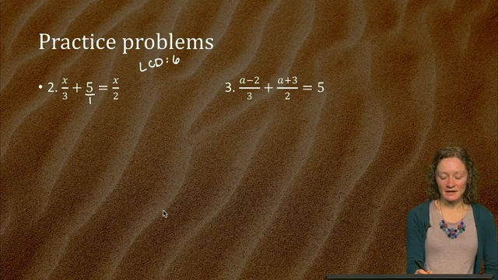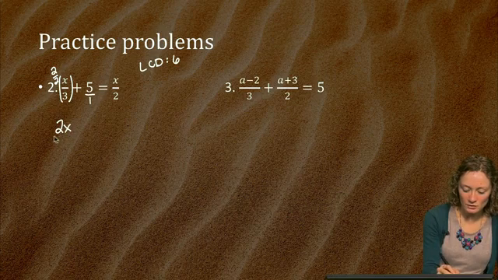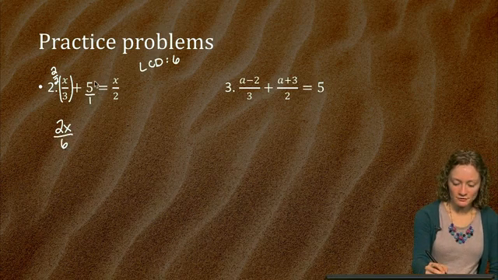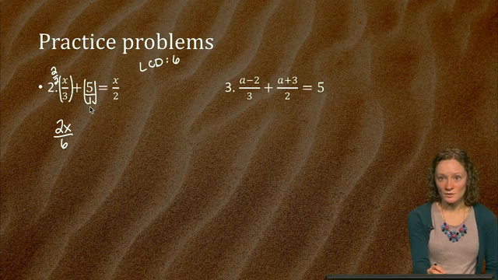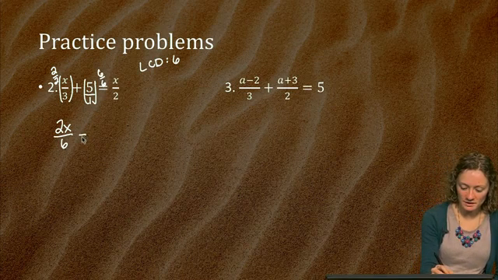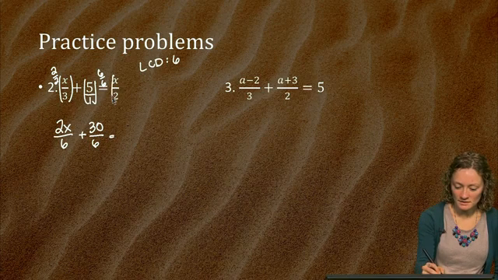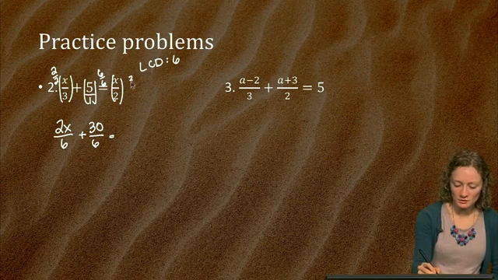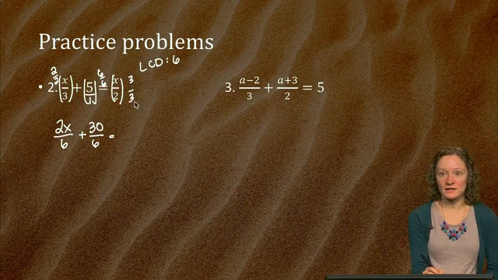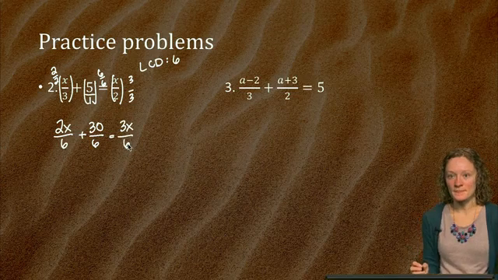We want each piece to have that denominator. The first fraction gets multiplied by 2 over 2, 2x over 6. The second fraction gets multiplied by, we have a denominator of 1, we want 6, by 6 over 6. Giving us 30 over 6. And the last fraction gets multiplied by 3 over 3, giving us 3x over 6.